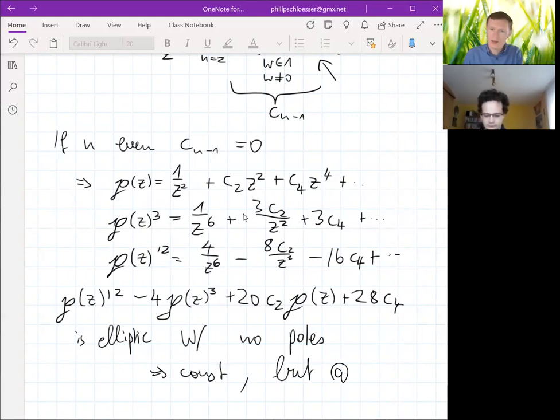Yeah, but it is 0 at 0, hence is equal to 0.